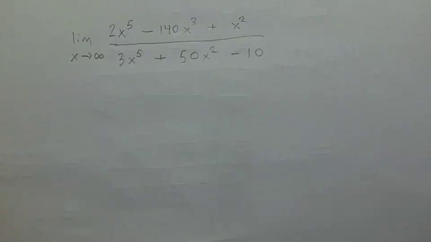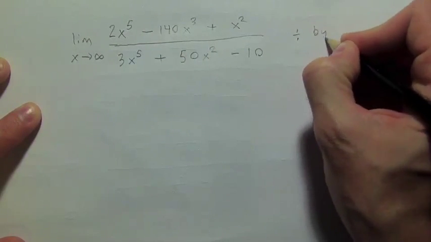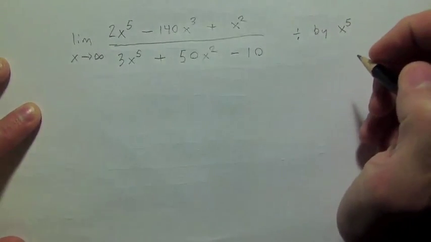So let's use our method here. We're going to divide everything by x to the 5th.